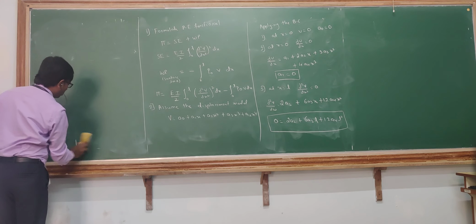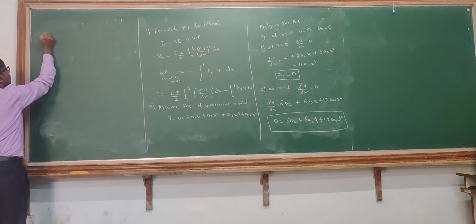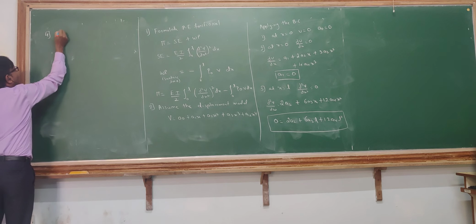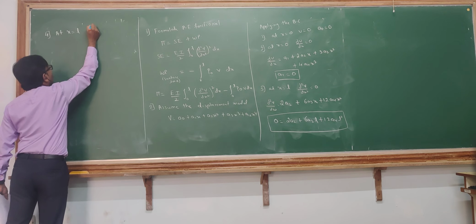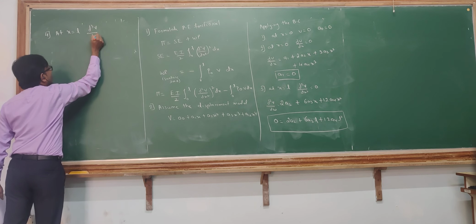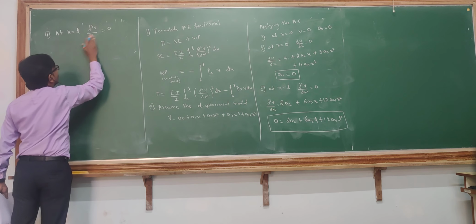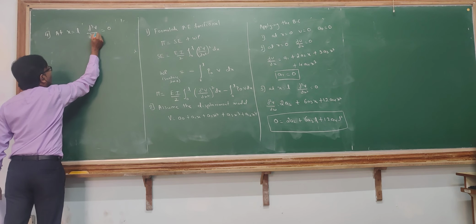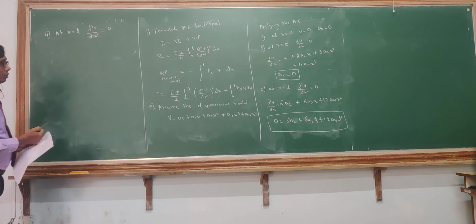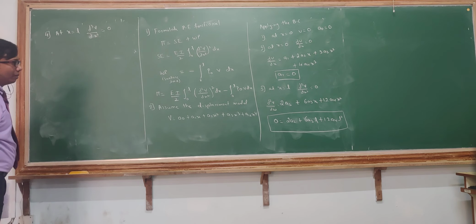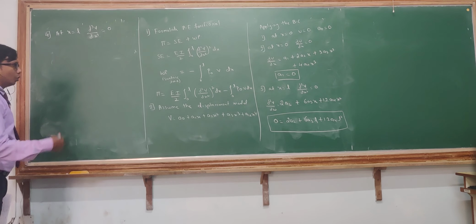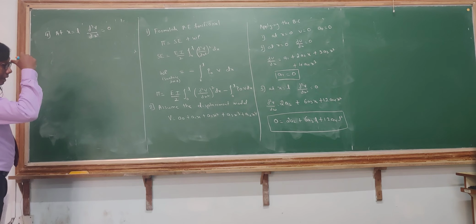So I'll apply the last boundary condition, the fourth boundary condition, at x equal to L, ∂³v/∂x³ is equal to 0. We got ∂²v/∂x² there, so when you differentiate to get ∂³v/∂x³, 2a2 gets eliminated.